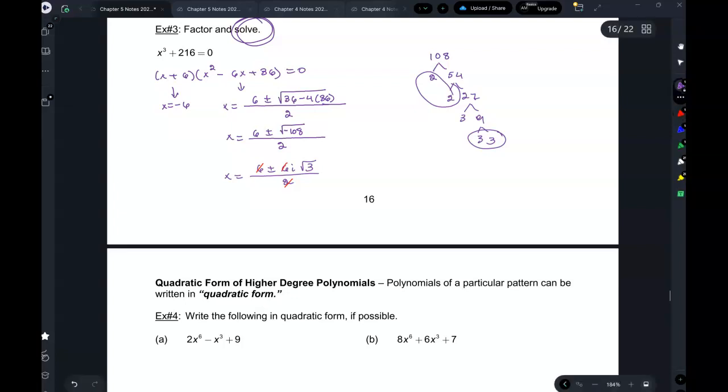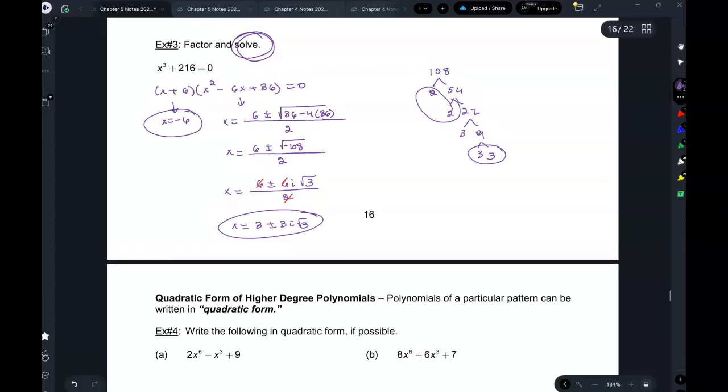So I get x equals 3 plus or minus 3i root 3. So I have 3 different answers. 3 different answers. Welcome to Algebra 2 Honors. Yay! I keep promising you things will get more complex. Yeah. Because you can't solve it any other way.